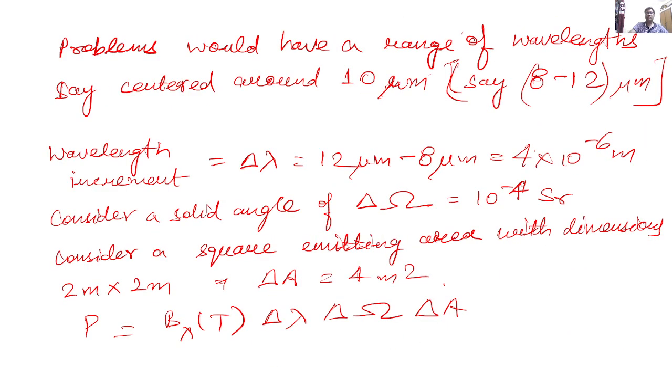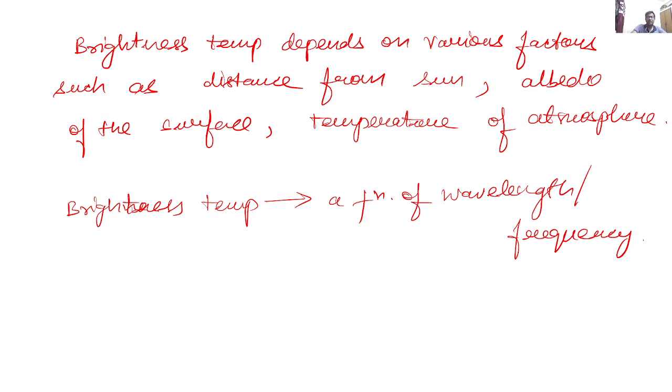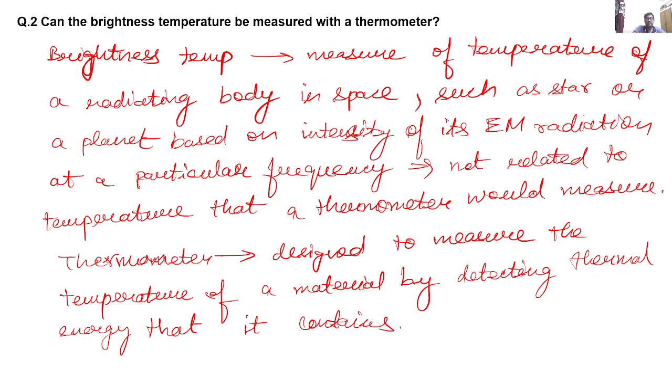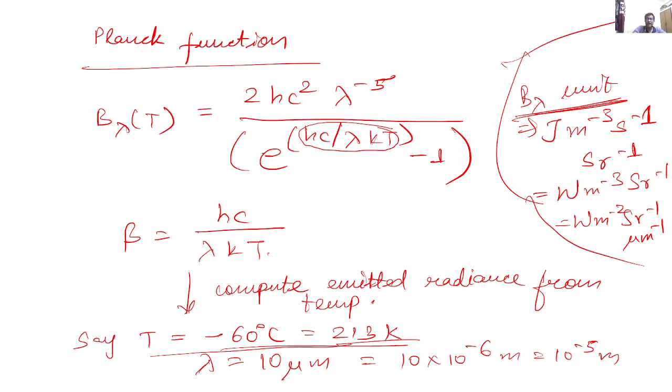And what did we start with? We started with some particular temperature. It was minus 60 degrees Celsius, and our estimate from radiance assessments is basically minus 10.5 degrees Celsius.